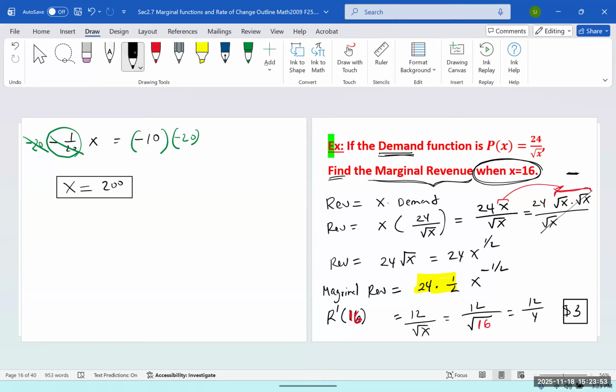Revenue is money, so marginal revenue also is money. Any question?